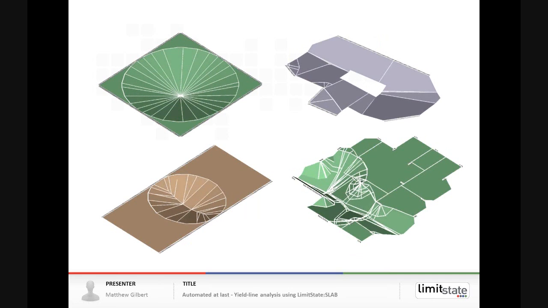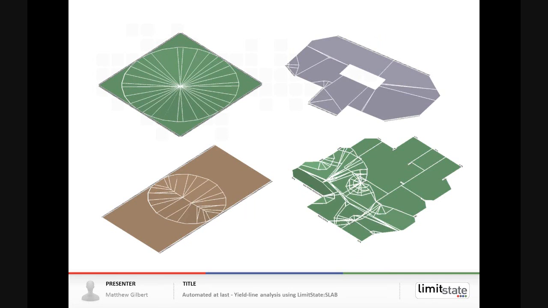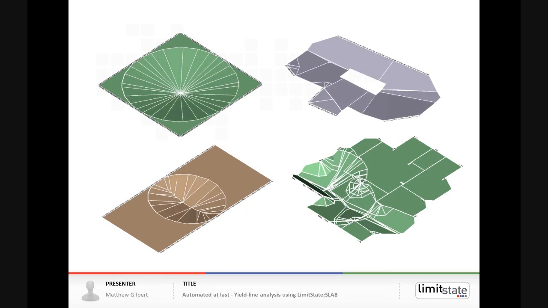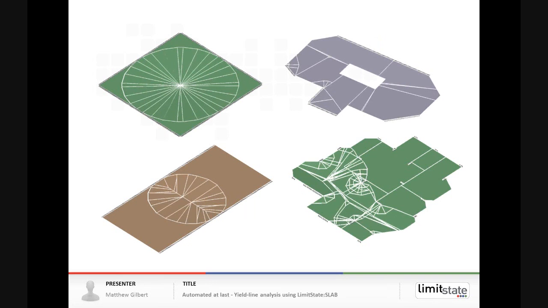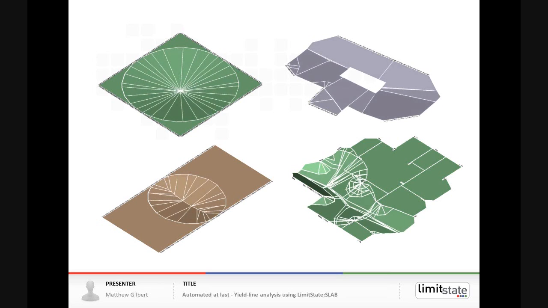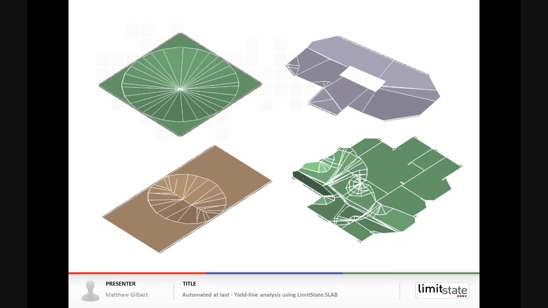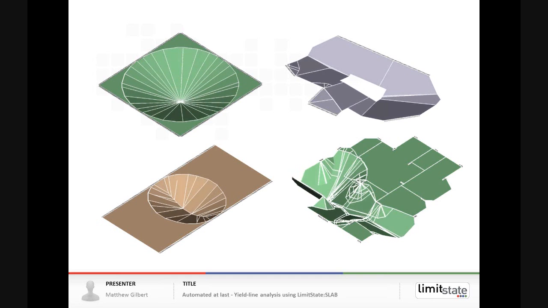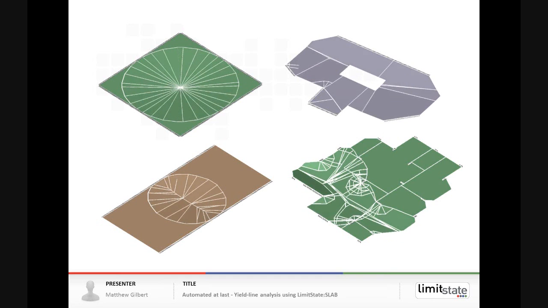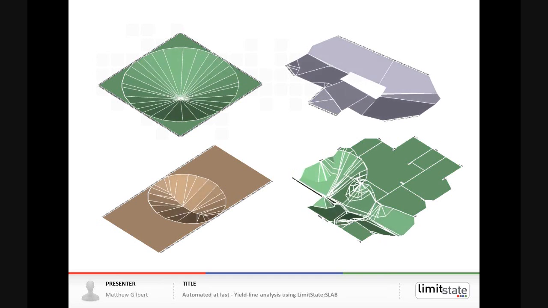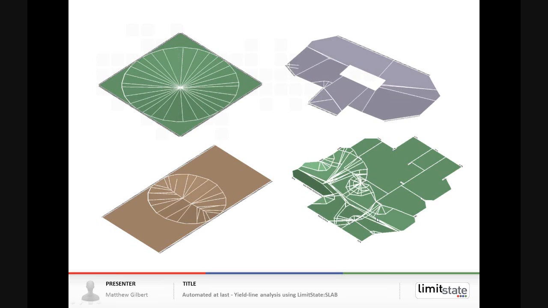After we've identified the yield line pattern, we can visualize exactly what that mechanism looks like using the animation feature. Sometimes the patterns are quite complex, so this is a real boon if you're trying to understand exactly how the slab is going to deform in that mechanism.